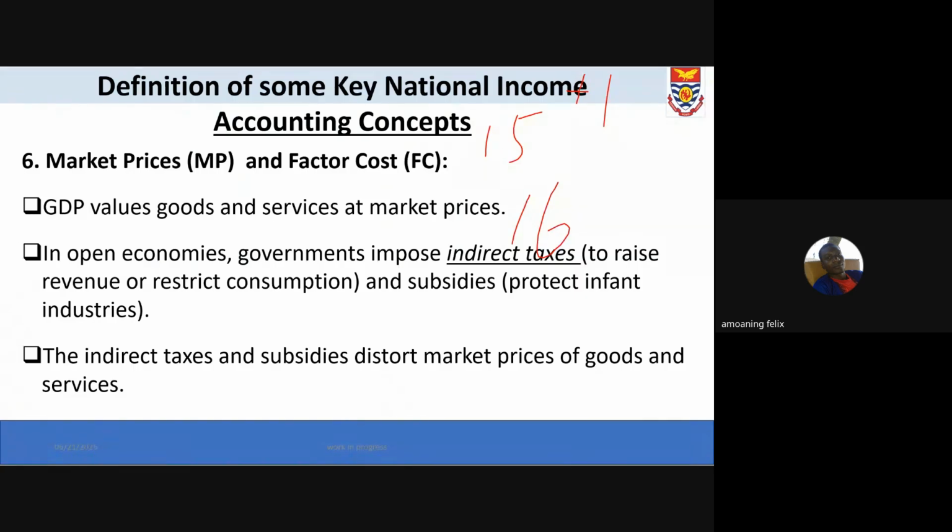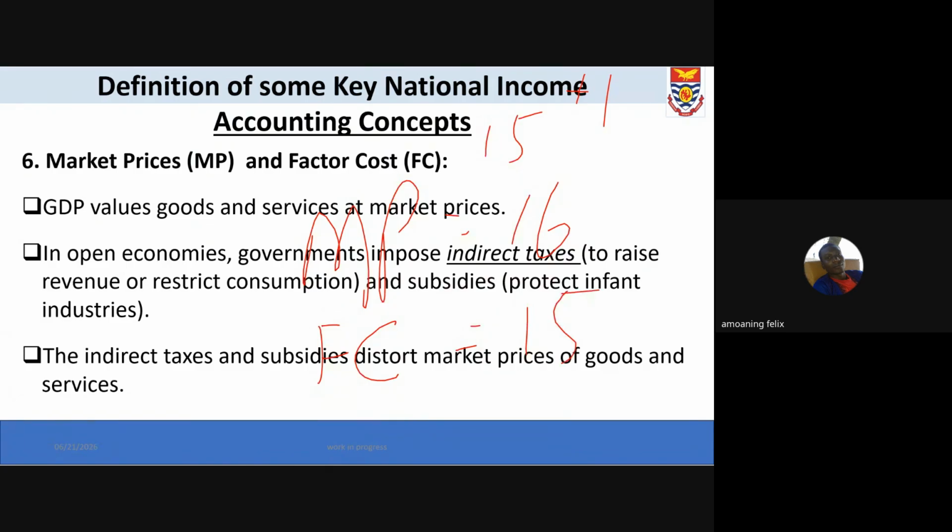So that is the market price at which we buy the fuel. If we want to know the actual factor cost of the fuel, it is not the 16 cedis; the actual cost should be the 15 Ghana cedis.